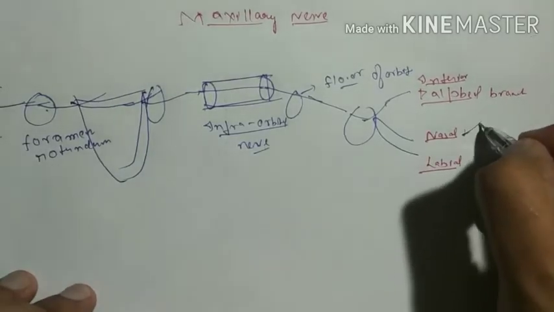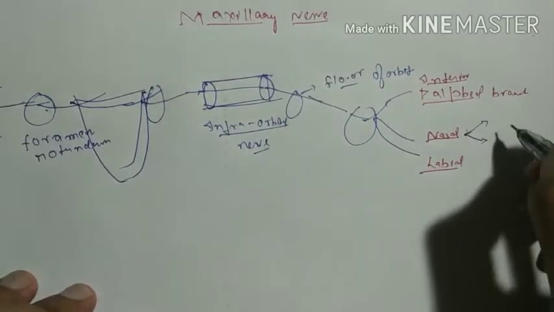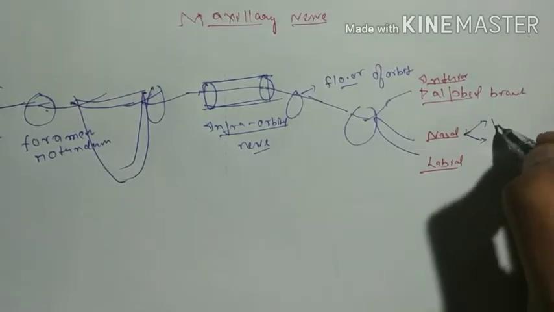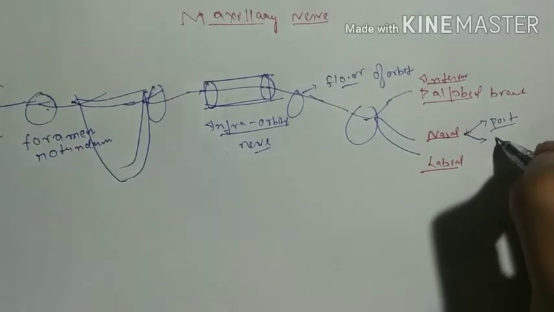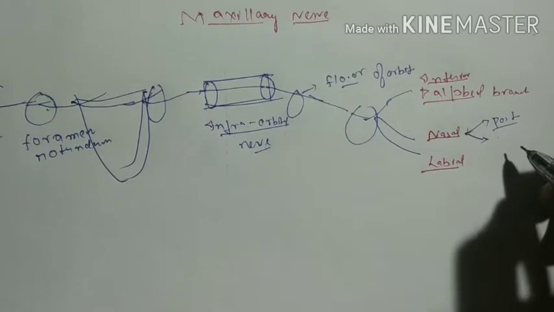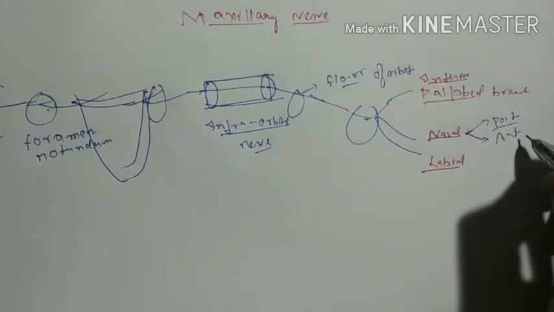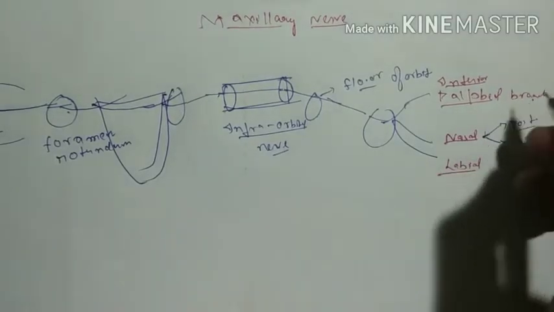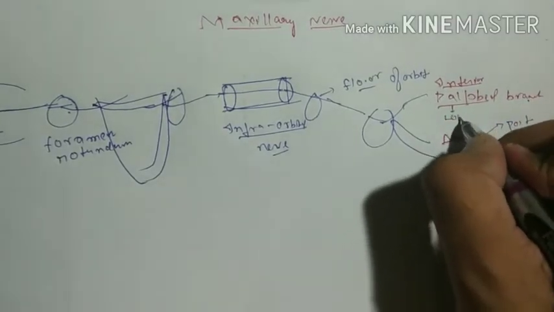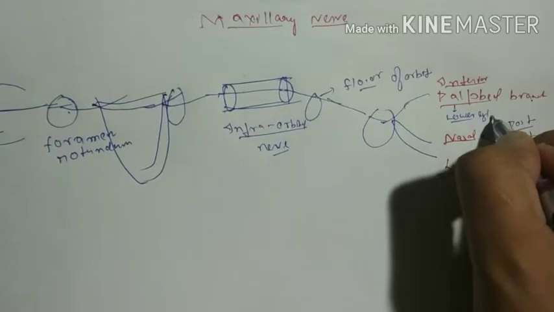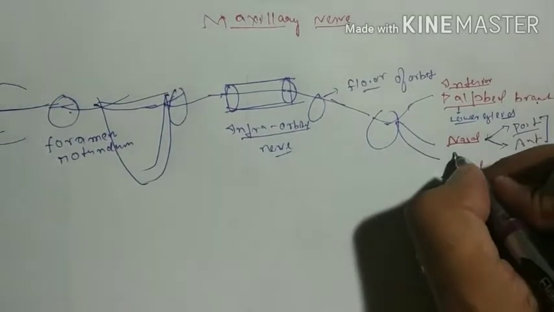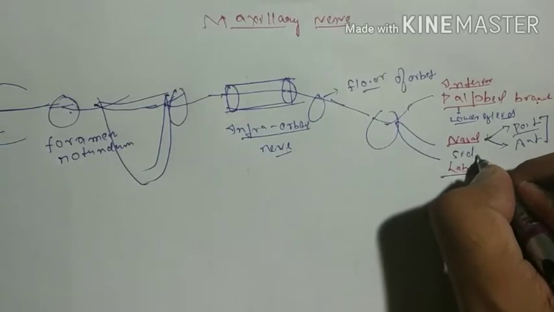The nasal branch is mainly divided into two: first is posterior nasal and anterior nasal. The palpebral branch gives branches to the lower eyelids. The nasal branch gives branches to the side of the nose.